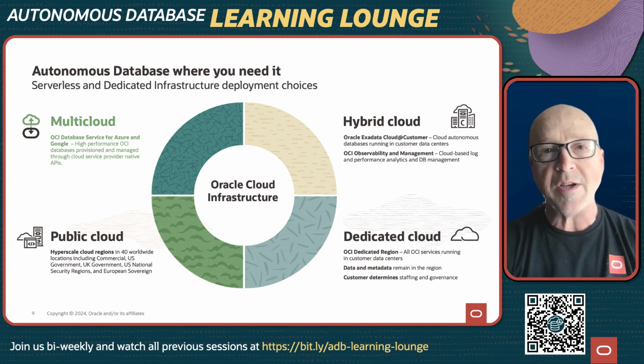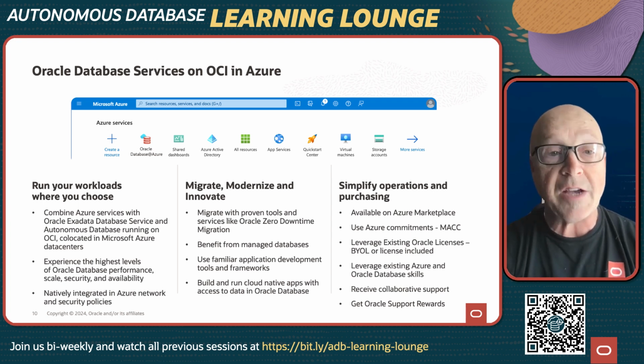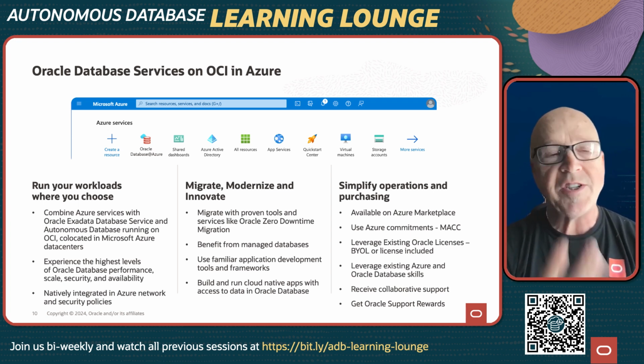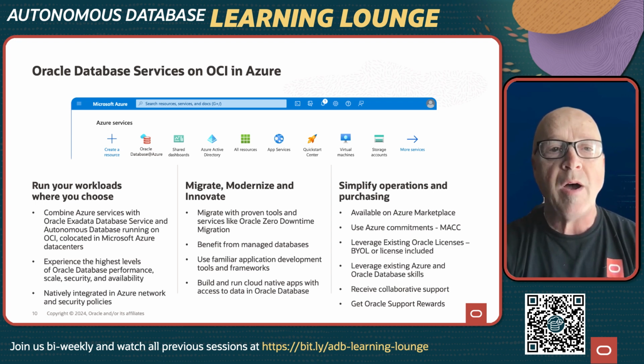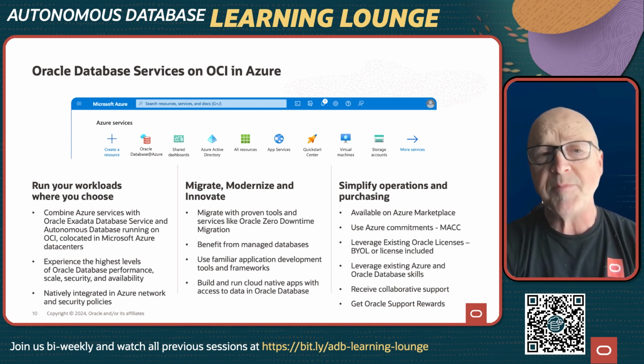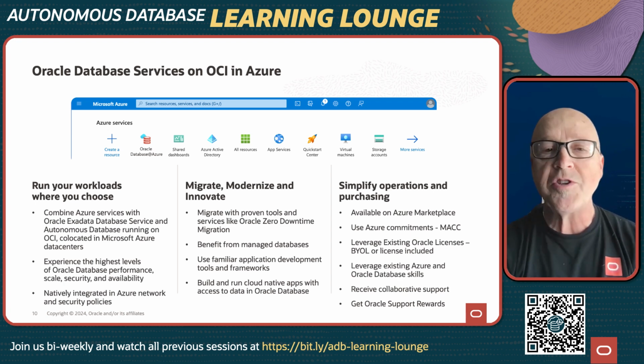So there are many different ways to get this database. But we're going to focus on Azure, where we recently announced our partnership and launched our services. That includes both the Exadata database services as well as Autonomous Database. We're just trying to bring our best-in-class experience for database to the other hyperscalers.